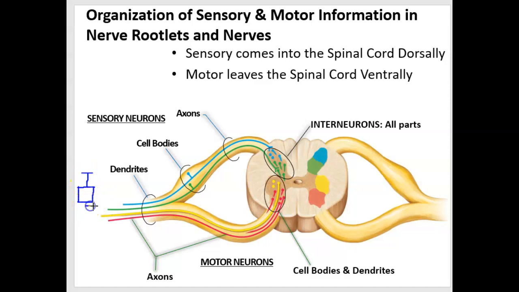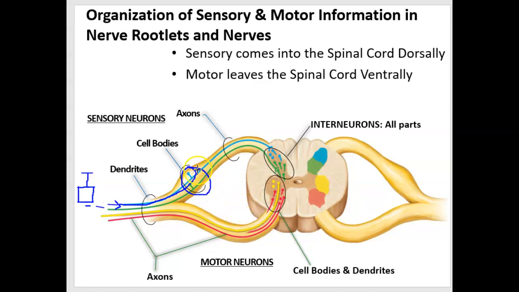That sensory information is going to come in by way of a sensory neuron, but it's traveling in a dendrite. And that dendrite is usually quite long, and it's in the spinal nerve, and then the impulse reaches this dorsal root ganglion.